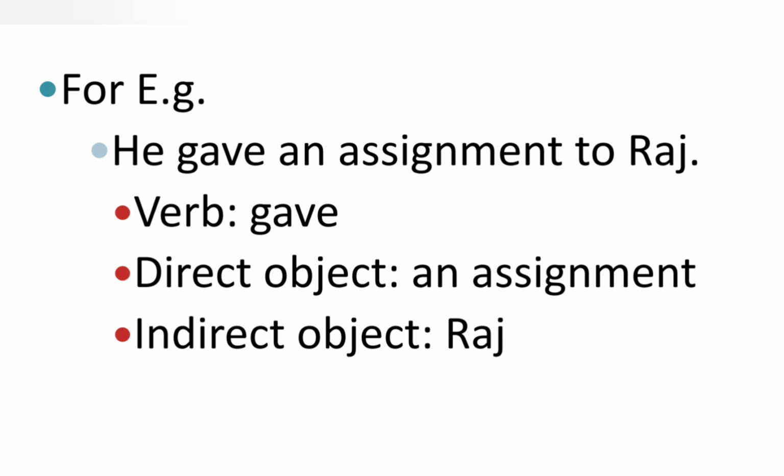Hence, an assignment is the direct object. Gave assignment to whom? Answer, Raj. Hence, Raj is the indirect object of the verb give.